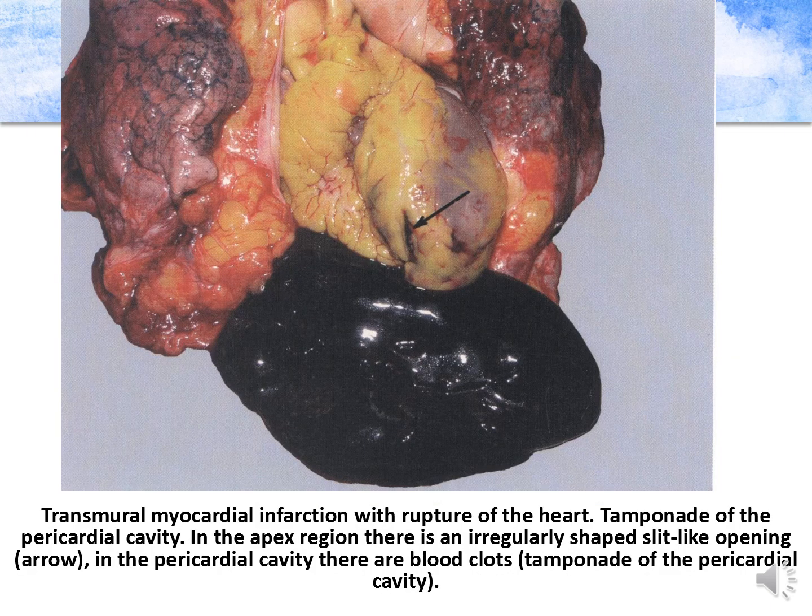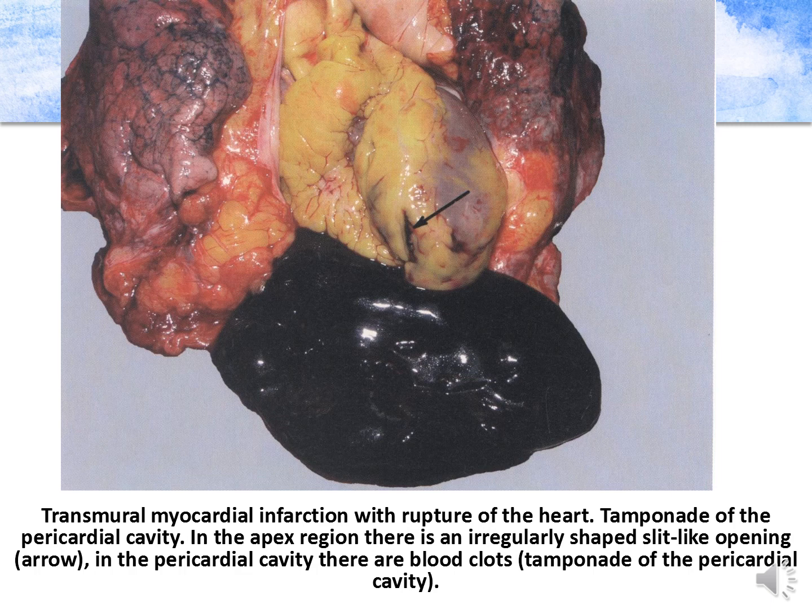Here you see the gross specimen of the heart. Also here you see the lungs, and the arrow shows the rupture of the infarct. So in this particular case, transmural myocardial infarction was followed by rupture of the heart, and tamponade of the pericardial cavity results in such hemorrhage.